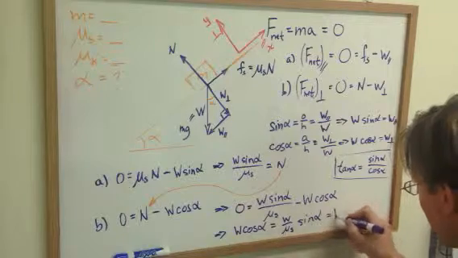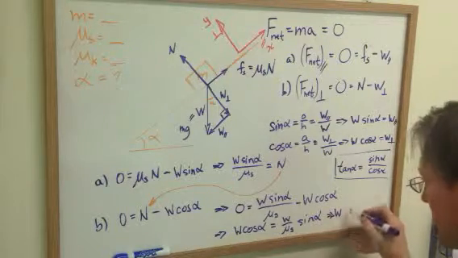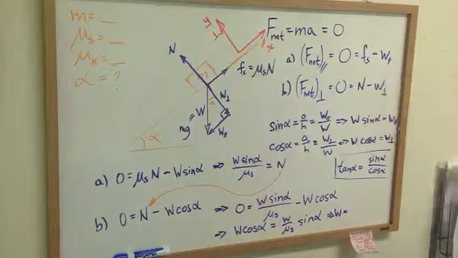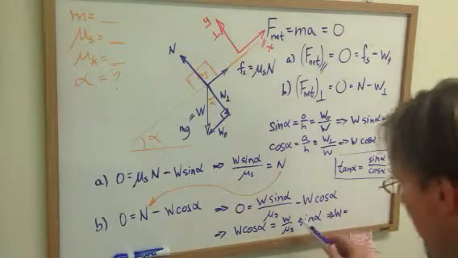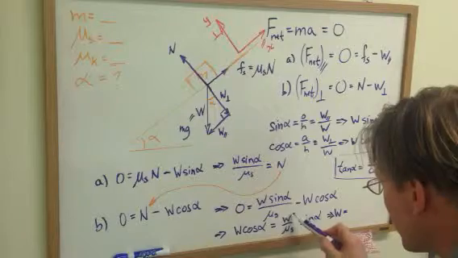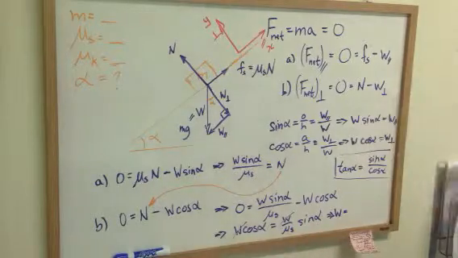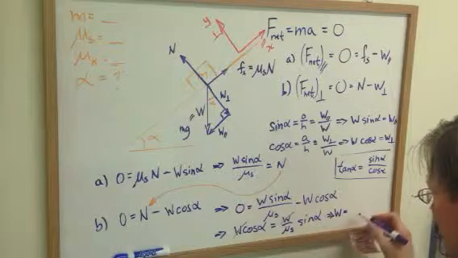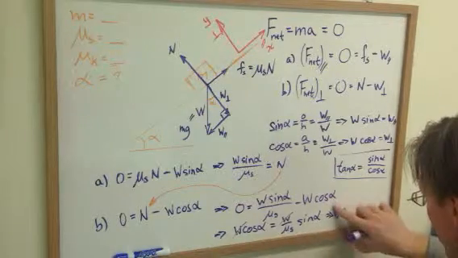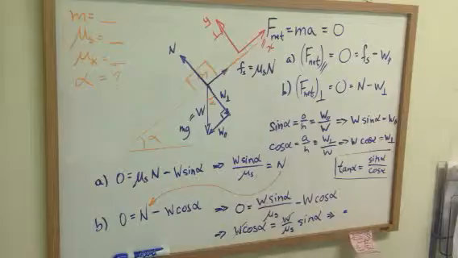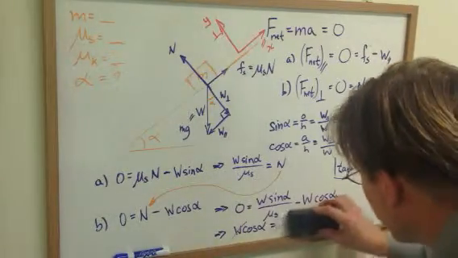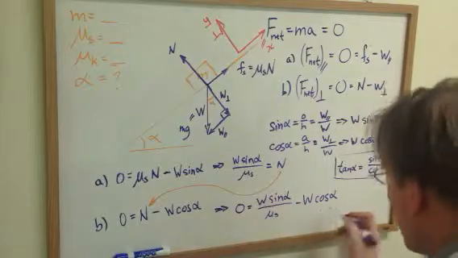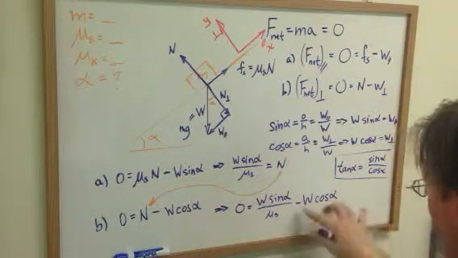Oh, and look. I also have a weight on both sides. I can cross that out. Actually, I'm in jeopardy of doing too many steps at once and confusing everybody. So I'm not going to worry about my weights yet.